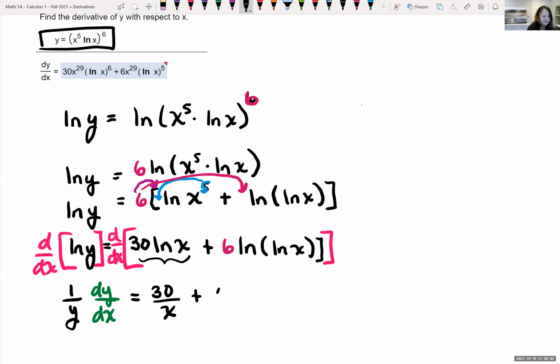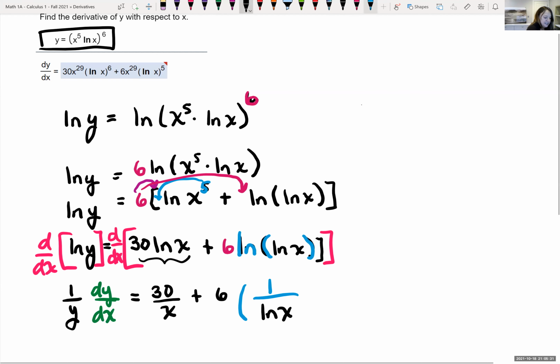So plus 6. Now I want to take the derivative of the natural log of the natural log. So I'm really using a chain rule here. My outer function is the natural log of the inner, and taking the derivative of that, that's 1 over what you were taking the natural log of, which is the ln of x, times the derivative of the inside.